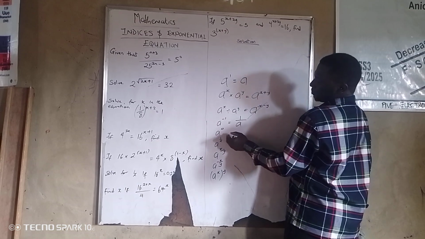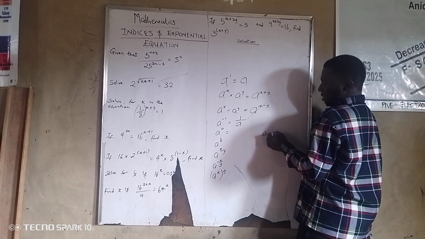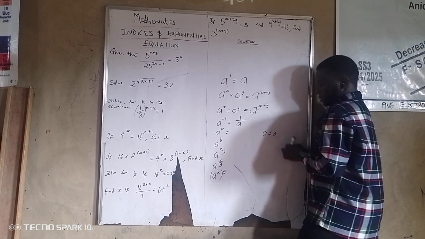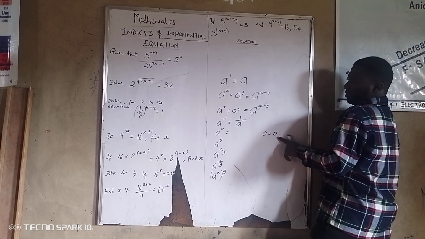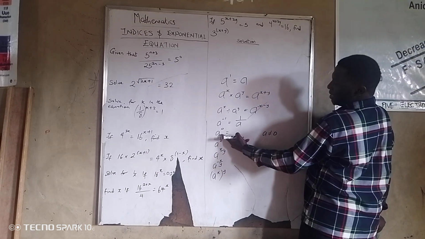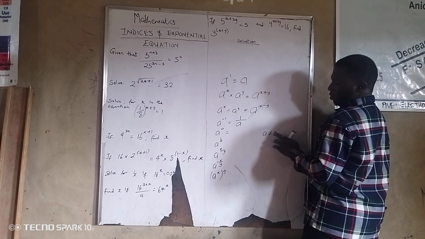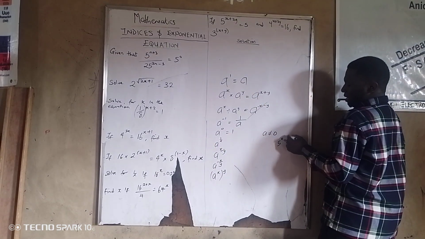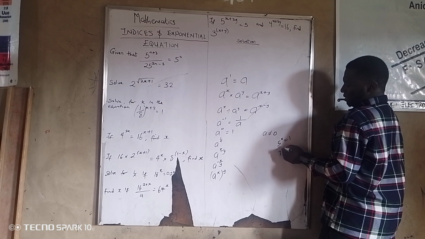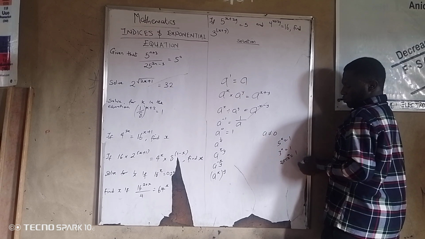Then any number that is raised to the power 0, apart from 0 itself, is 1. So what I'm trying to say here is, if you have 5 raised to the power 0, the answer is 1. 3 raised to the power 0, the answer is 1. 2000, however big the number is, raised to the power 0 is 1.